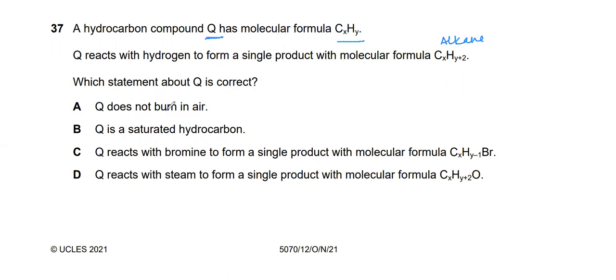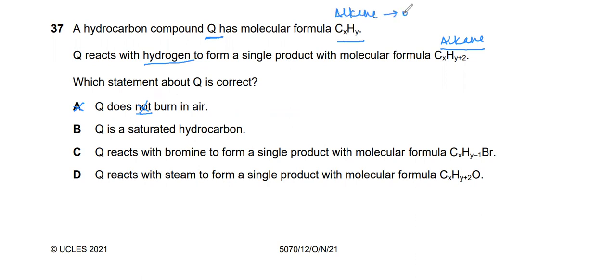Q does not burn in air. All hydrocarbons and all organic compounds undergo combustion, so we will not agree with A because it says it does not burn. That is incorrect. Q is a saturated hydrocarbon. We have analyzed that it forms an alkane on reaction with hydrogen, so this definitely is going to be an alkene.